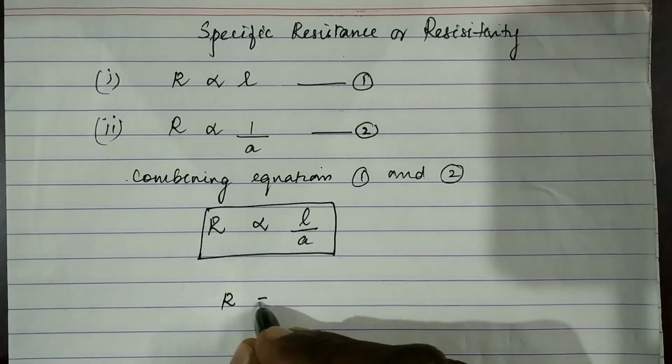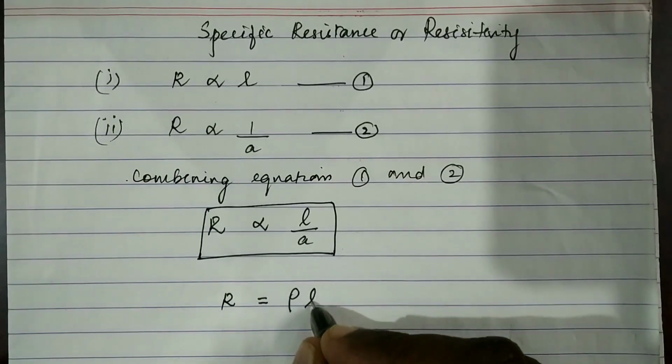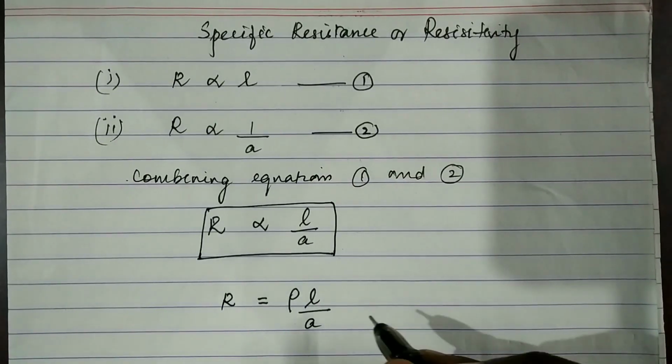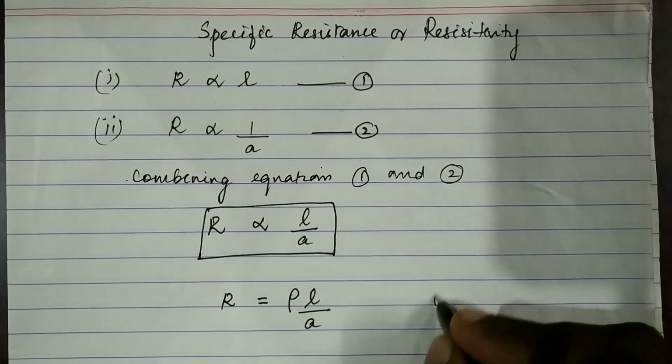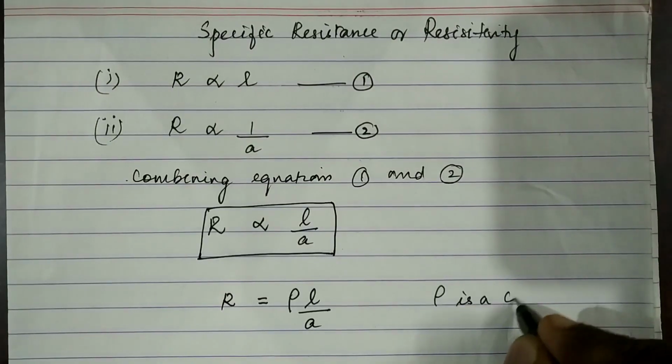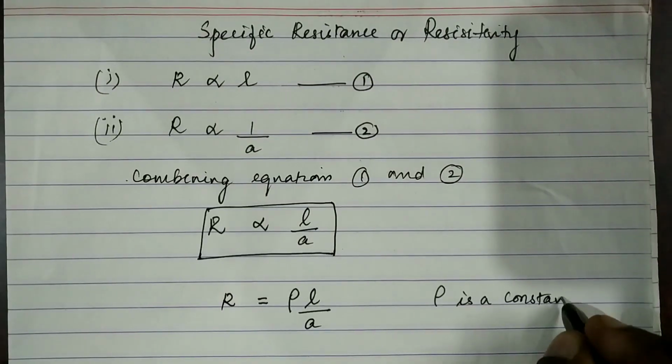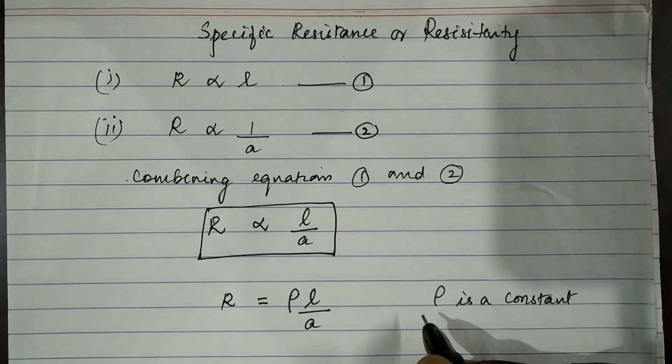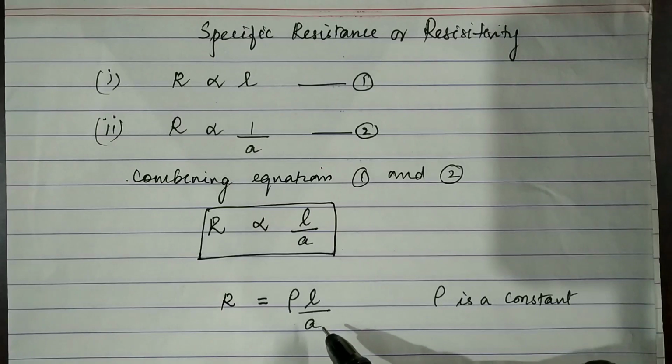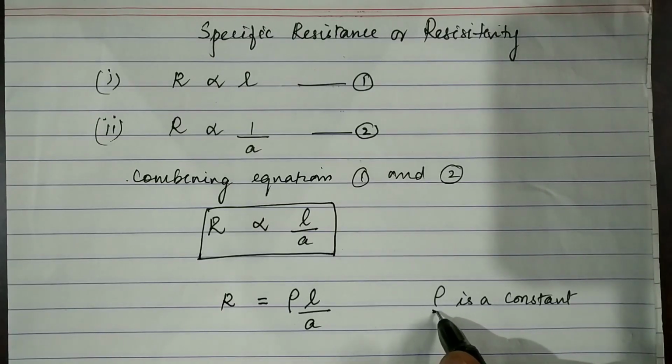R is equal to rho L by A. So, here rho is a constant. And this rho is a characteristic of the material, characteristics of the wire, and this rho is specific resistance or resistivity.